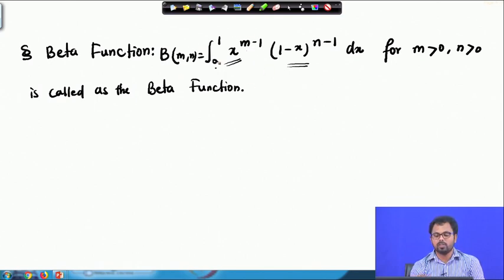So, we split the integral 0 to 1 into 0 to half and then half to 1, so that we have only one point of discontinuity in each of these subintegrals. Then we show the convergence at 0 and convergence at 1, and we can see that both of these two subintegrals are convergent, and therefore the whole beta function will be convergent.